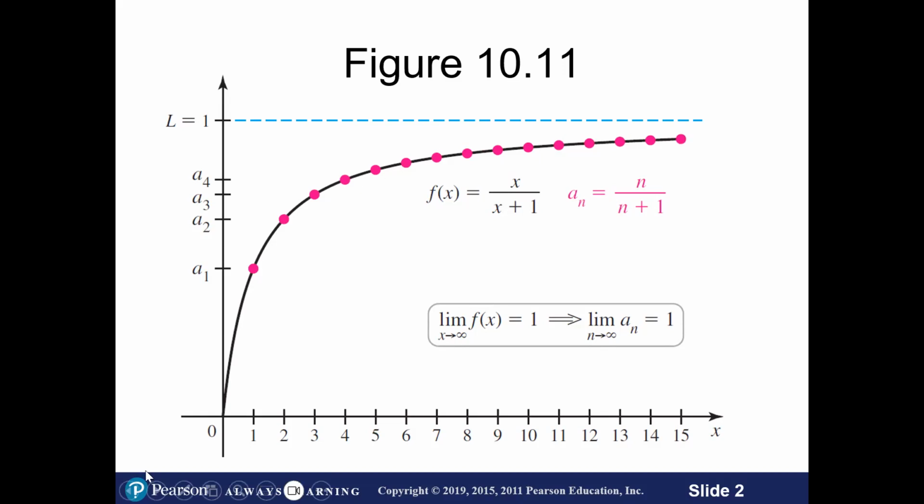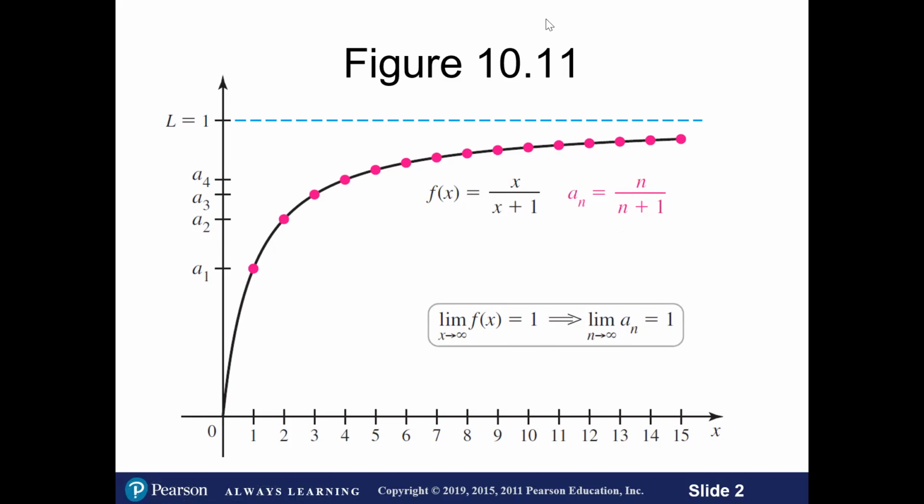But if we want to know what the sequence converges to, I can look at the analogous function where I swap the n's for x's. And so I get this function f of x equals x over x plus 1. And if I look at the limit of that function as x goes to infinity, if that limit exists, it will be the same as the limit of that sequence.